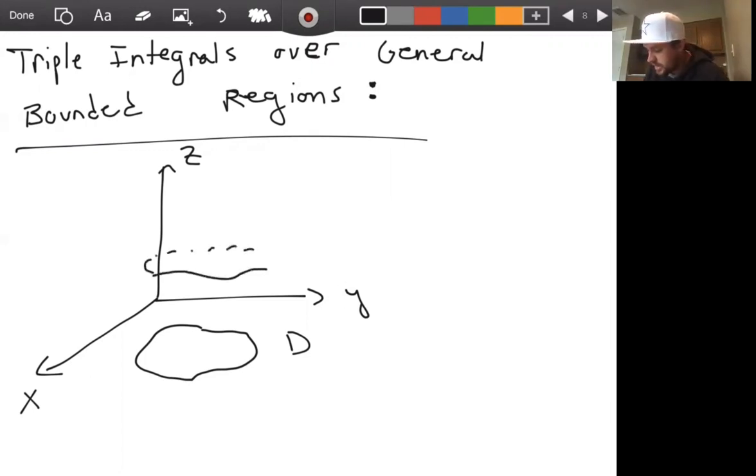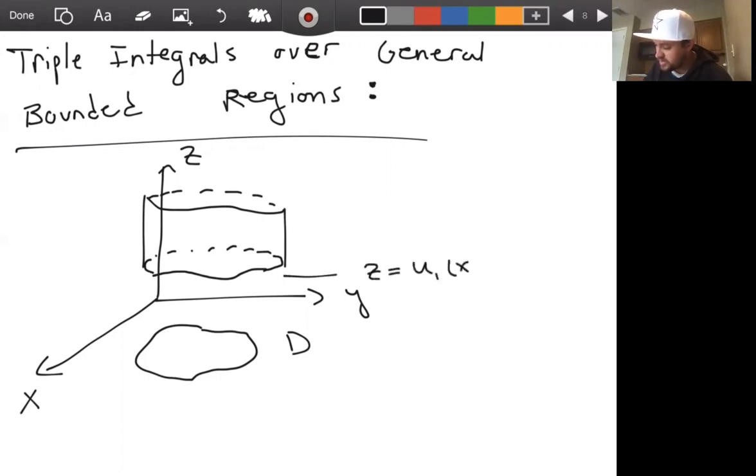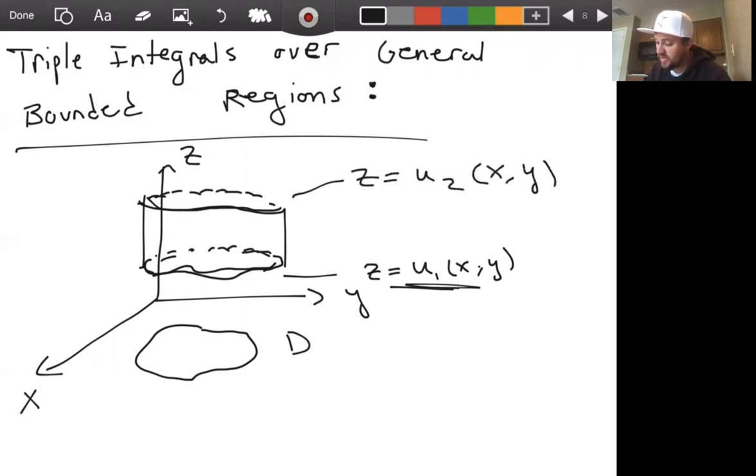Using D here, we could look at generalized regions where now the bottom of our region is some function like z equals u1 of xy, because instead of this just being a rectangular box, the bottom of this shape could be a surface all on its own. So u1 of xy, and the top of this region could also be a surface. We'll say z equals u2 of xy. And we could call this whole region E.